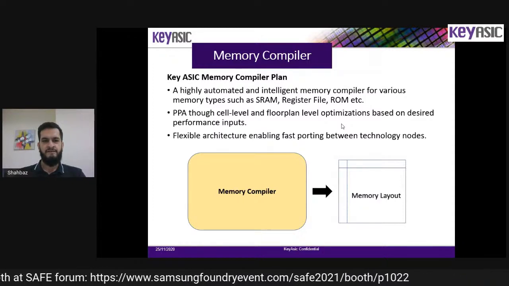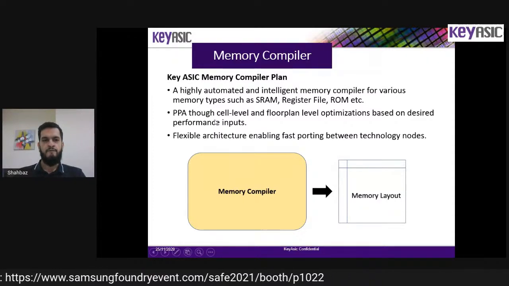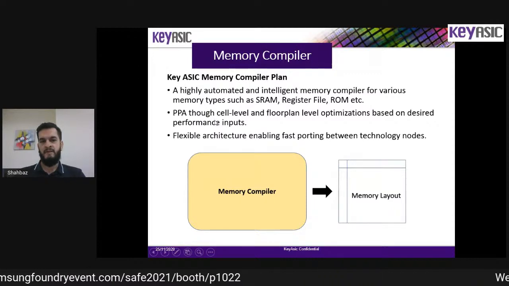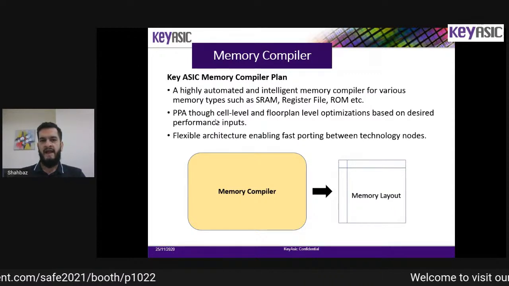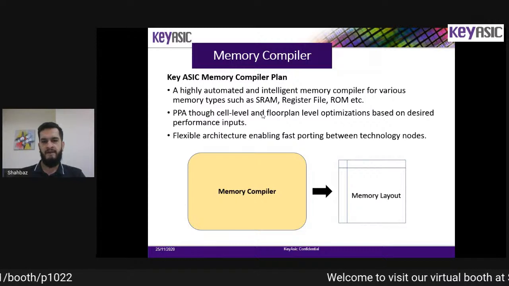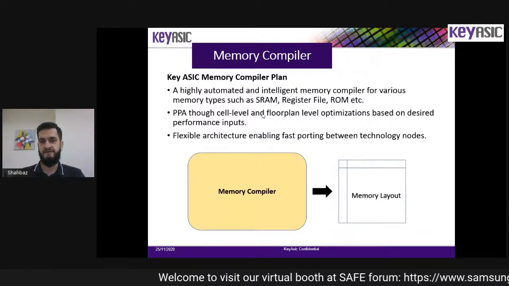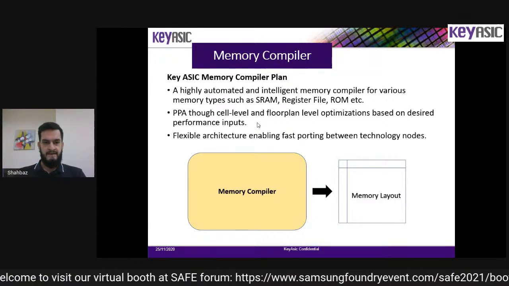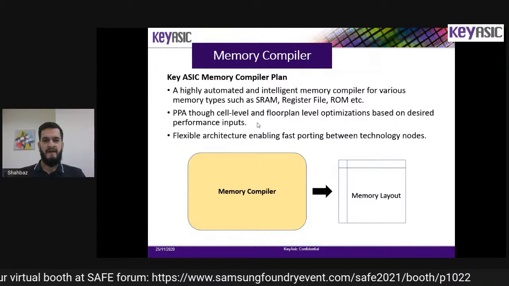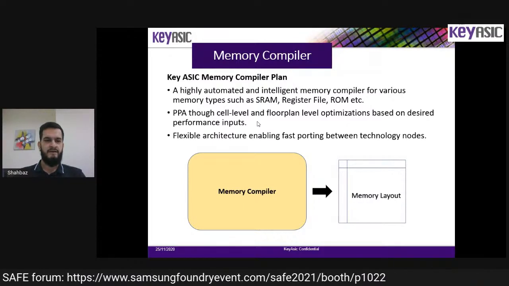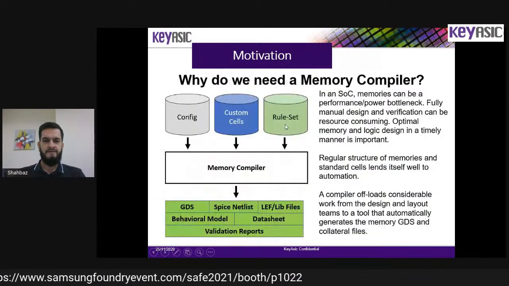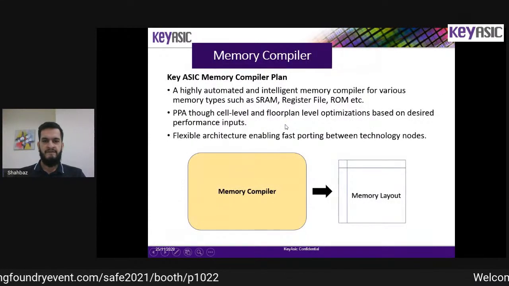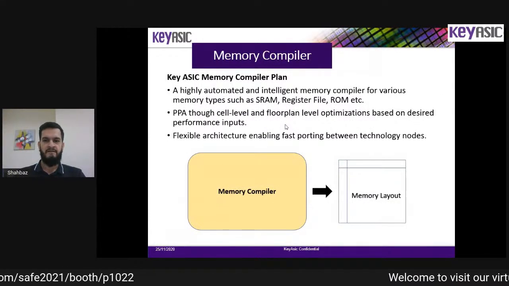So ASIC plans to improve the PPA at both cell level and at the floor plan level, by performing the relevant optimizations, because we have found that the main performance bottleneck when we go from one technology to another is more or less from the cell level rather than the floor plan level.